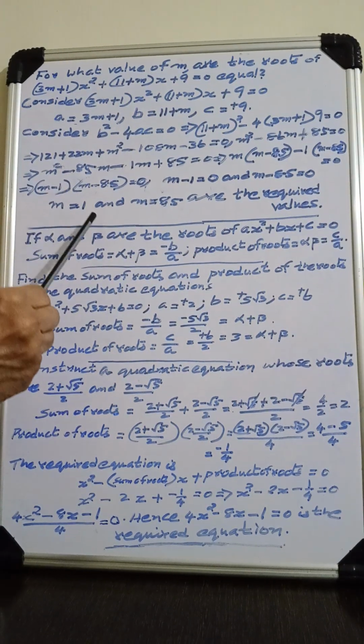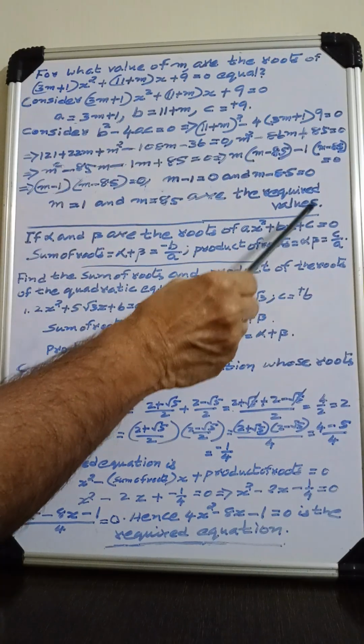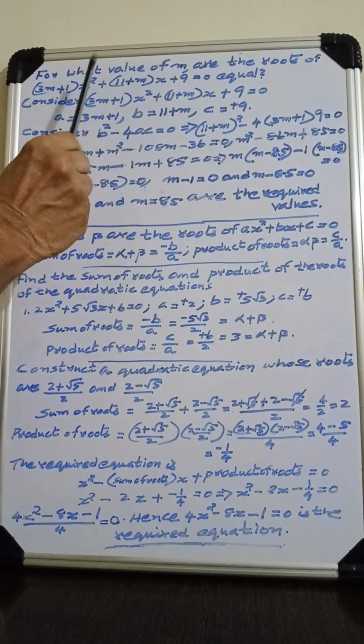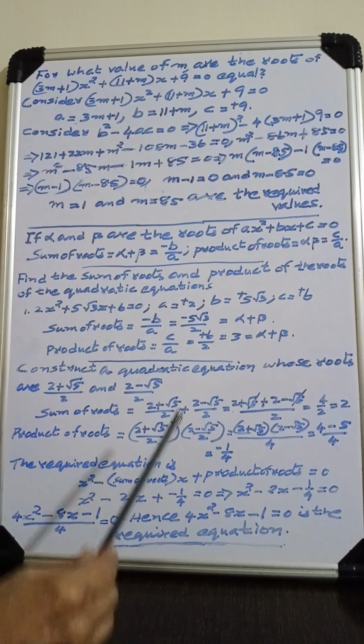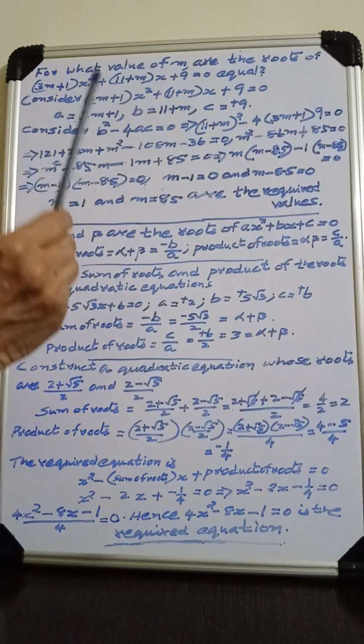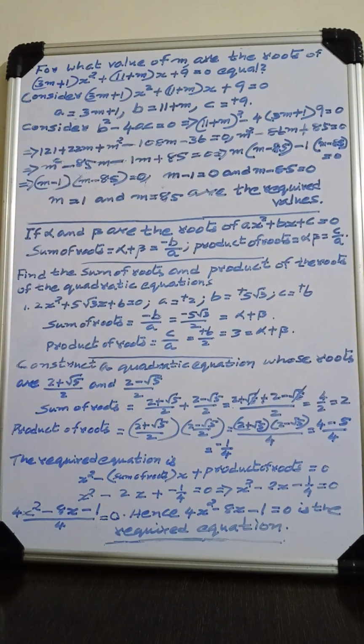Therefore, m equals 1 and m equals 85 are the required values of m. For what value of m? That is the final question. The answer is m equals 1 and m equals 85. Two values are there.